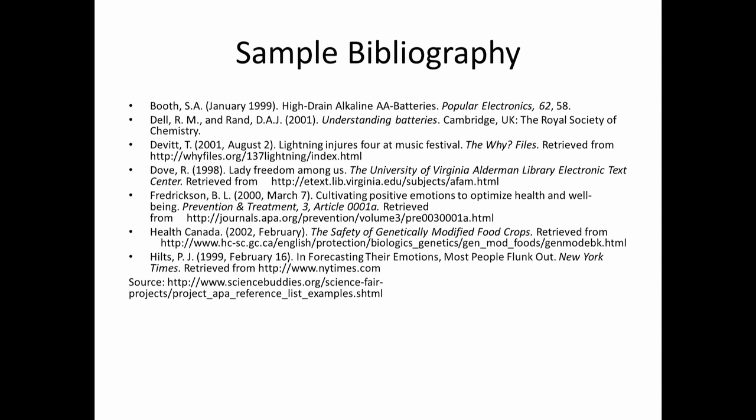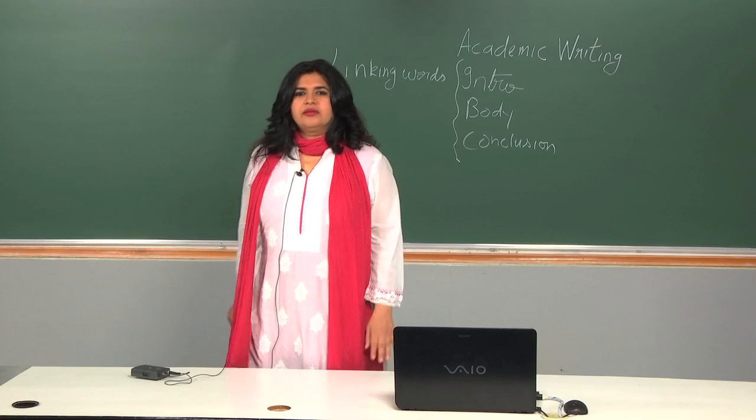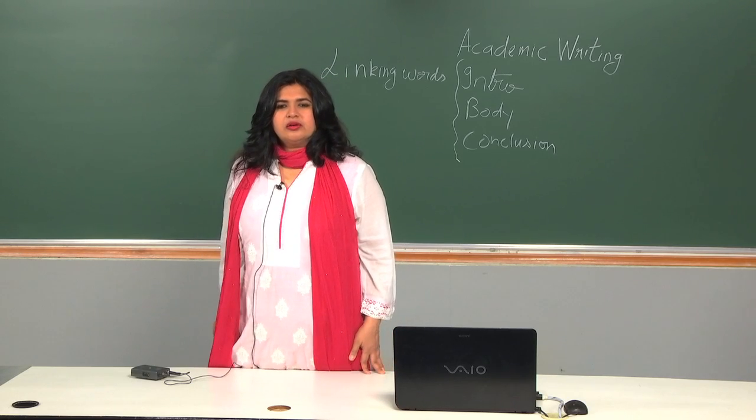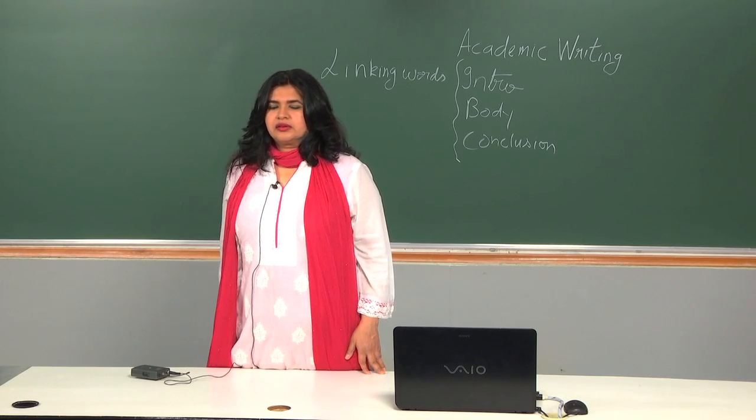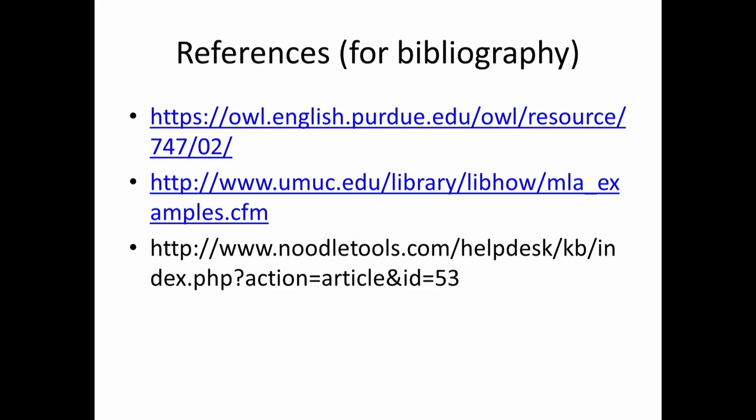There are two authors, year of the book, title of the book, place of publication and country, and the publisher, the Royal Society of Chemistry. So, this is the way you write your bibliography, although formats differ. Please take a look at this particular slide, and this will give you some understanding of how references are done for writing a bibliography. These are useful links for you.